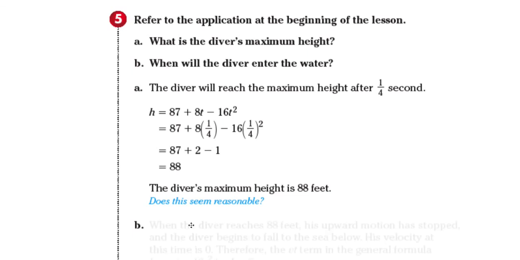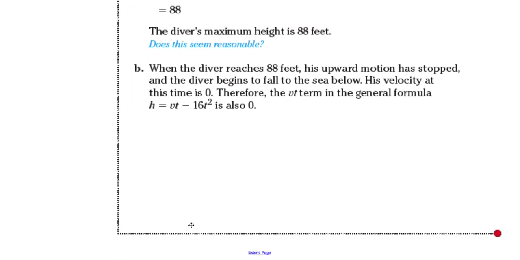And for letter B, when the diver reaches 88 feet, the upward motion has stopped and the diver begins to fall to the sea below. His velocity at this time will be 0. Therefore, the vt term in the general formula h equals vt minus 16t squared is also 0.